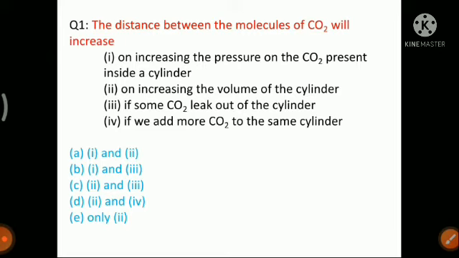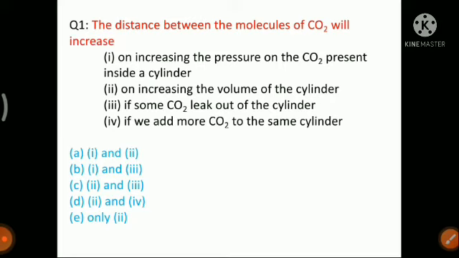Number 3, if CO2 leaks out of the cylinder, that is some of the carbon dioxide gas leaks out of the cylinder. And number 4, if we add more carbon dioxide to the same cylinder, that is to the same cylinder which already has carbon dioxide, we again put carbon dioxide gas in. So we are given these 4 conditions and we have to see in which of them the distance between the carbon dioxide molecules will increase.